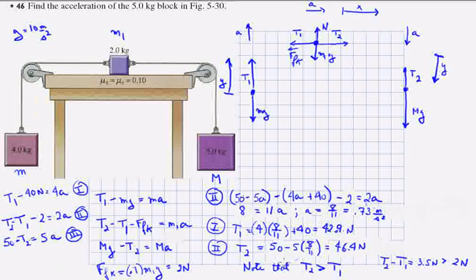So you note that T2 is bigger than T1, as expected, and that T2 minus T1, the difference between these two, is 3.5 newtons, and that imbalance is greater than 2 newtons, which of course is how we argued the direction of acceleration for the system.